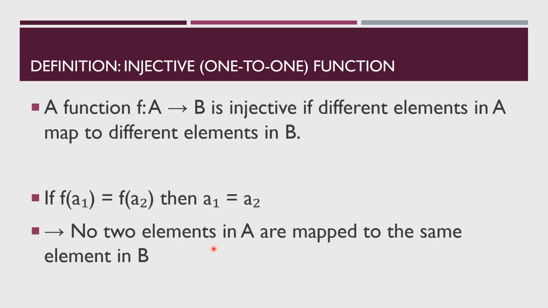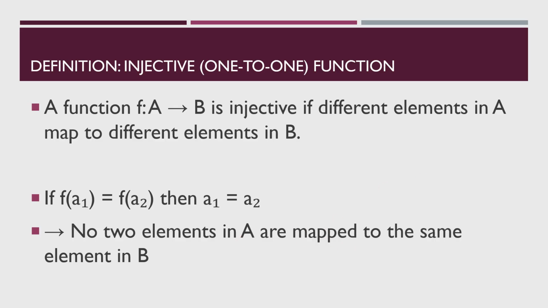So no two elements in A are mapped to the same element in B. We have to put that in mind. That is the reason why it is known as one-to-one function, and one-to-one is known as an injective function.